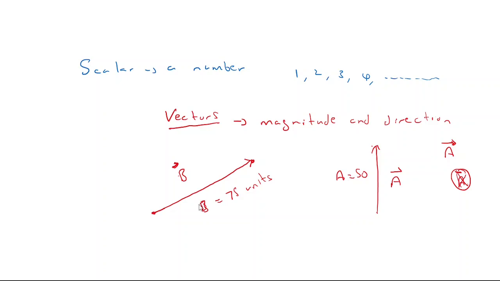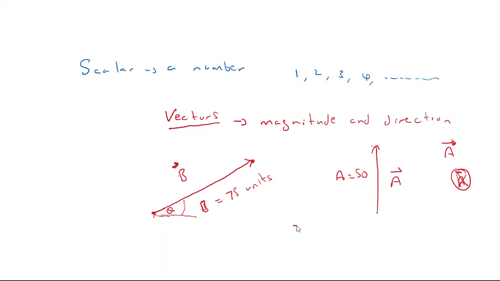They can tell you a certain vector A is 75 units, then they must tell you the direction as well. They can't just leave it at 75 units. Here, the direction will be given by the angle theta, which is going to be the direction of this vector B. So that's the difference between vectors and scalars.